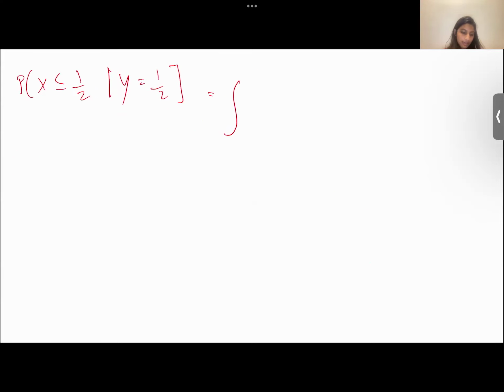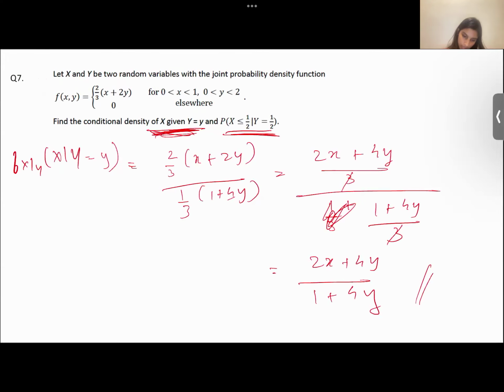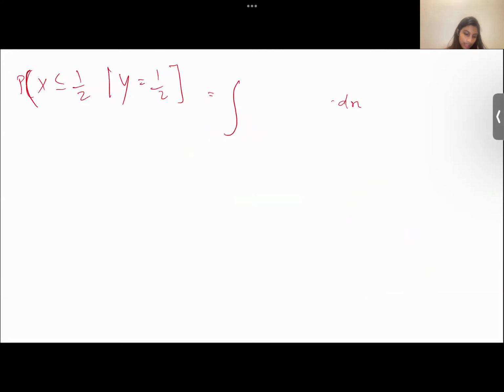You have to integrate in terms of dx. What are the limits for x? 0 to 1. But the question now specifies x is less than 1 by 2, which is 0.5. So it becomes 0 to 0.5.